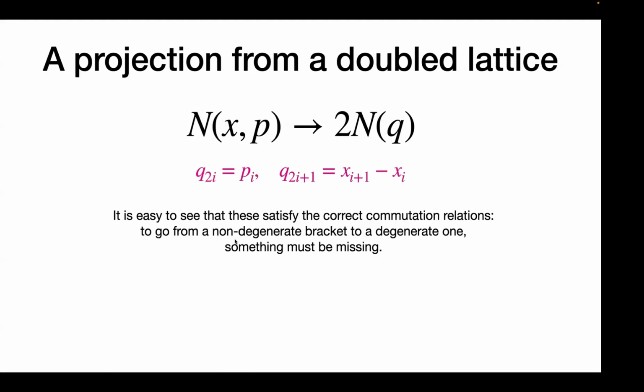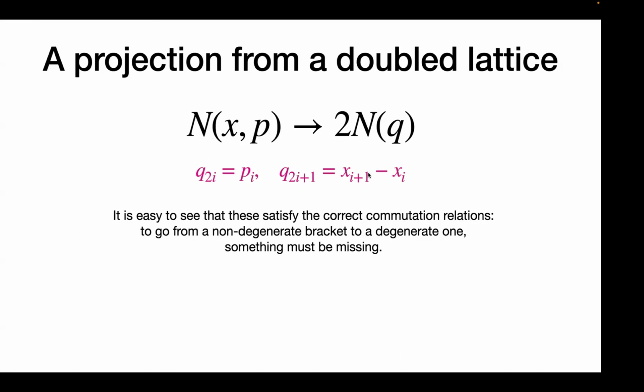So to go from a non-degenerate bracket to a degenerate one, I threw something away. And what I threw away is the notion of the center of mass of the q's. If you think of the center of mass of the x's as a variable, I only took the differences, the relative distances, but I threw away the center of mass degree of freedom. So I threw something away.